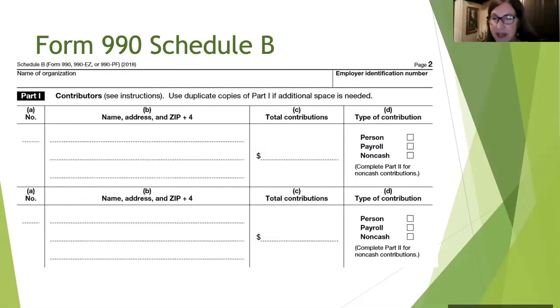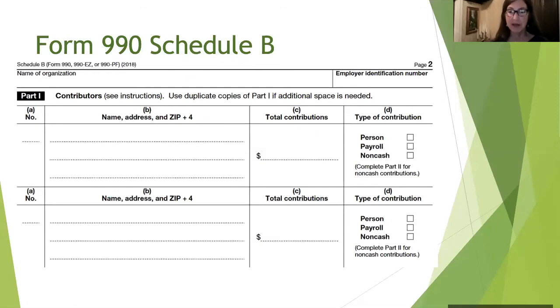So Stephania, you asked about in-kind contributions. Maybe you could unmute yourself and clarify a little bit more about what kind of in-kind donation. You would report in-kind donations when you're listing that, with this one exception.